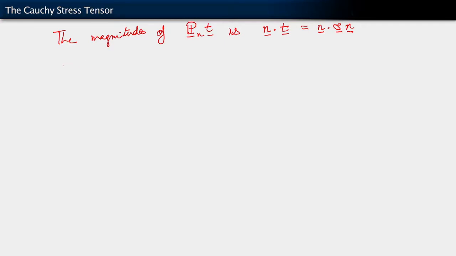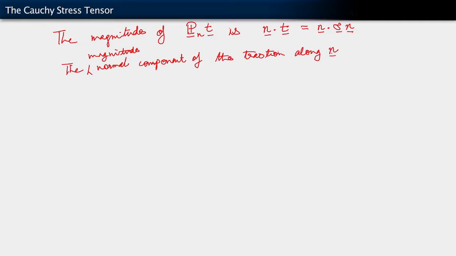So let me say that this is the magnitude of the normal component of the traction along n. Now this is also often referred to as the normal stress along n.